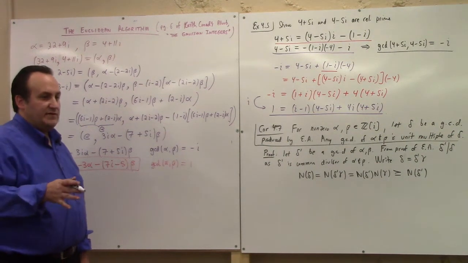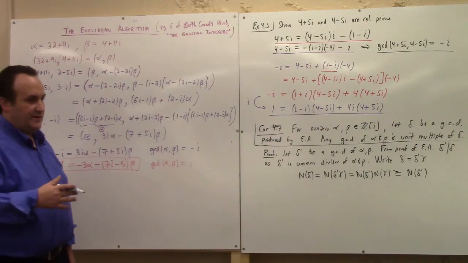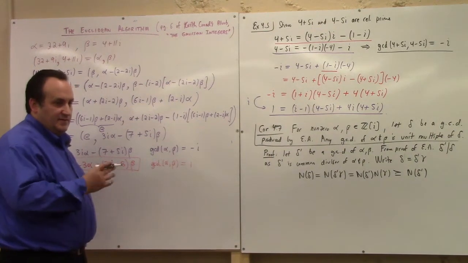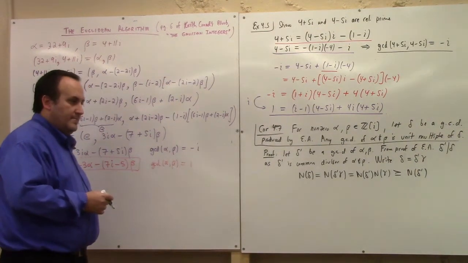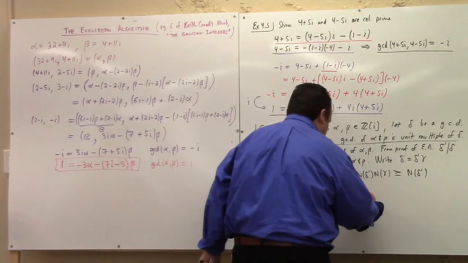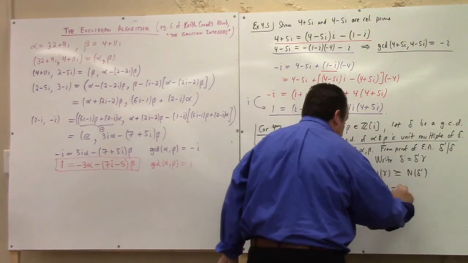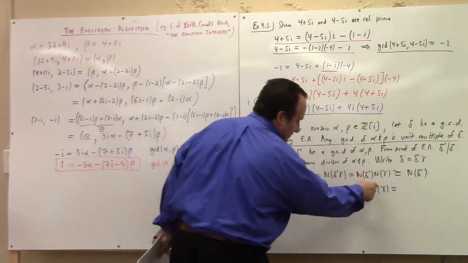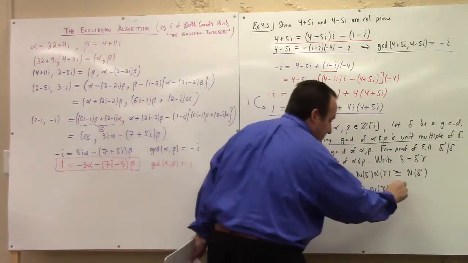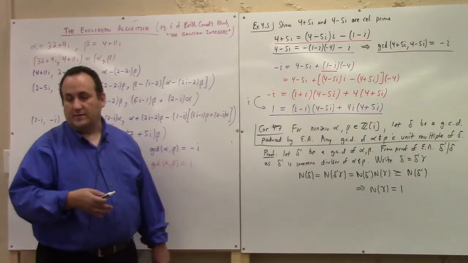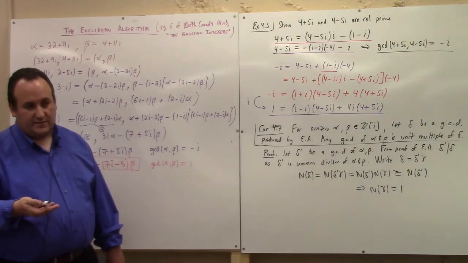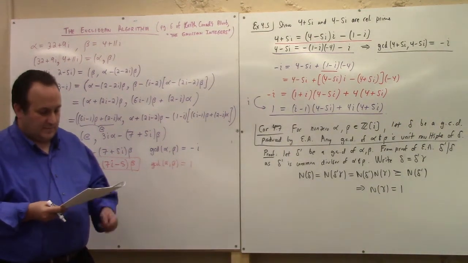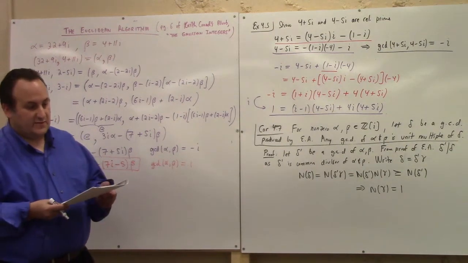Remember that the norm is an integer. The norm of delta prime divides the norm of gamma, that is true, but more to the point, the norm of gamma has to be equal to 1 here. And remember, the elements with norm 1 in the Gaussian integers are the units. So this proves the corollary. All the GCDs are unit multiples of each other. All right?